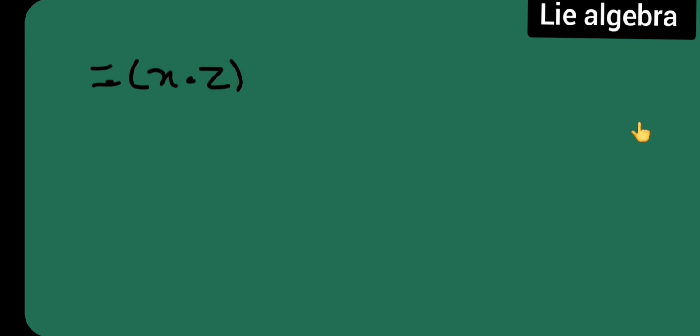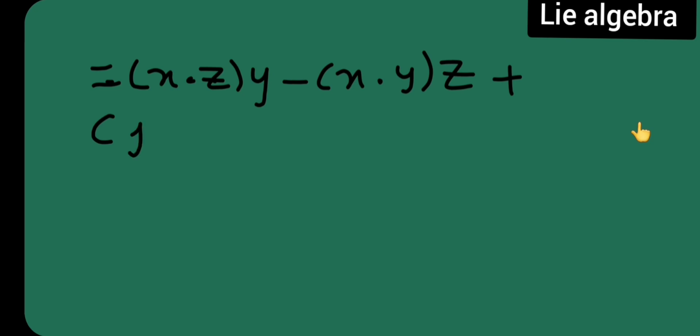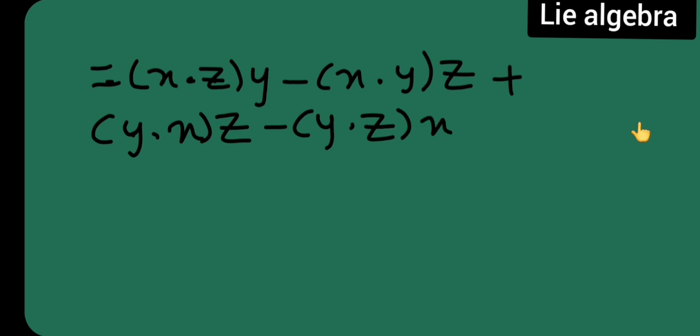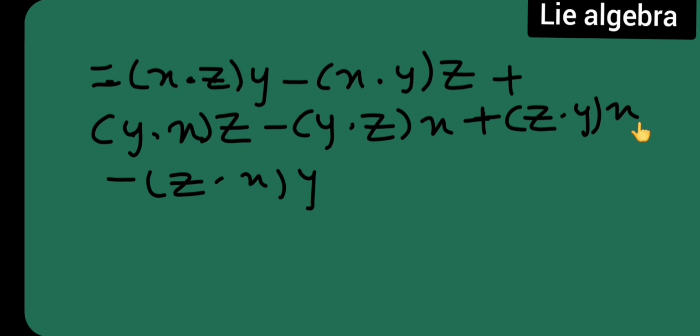Now this is equal to (x dot z) y minus (x dot y) z, then plus (y dot z) x minus (y dot x) z, this is a dot product, right, plus (z dot y) x minus (z dot x) y.